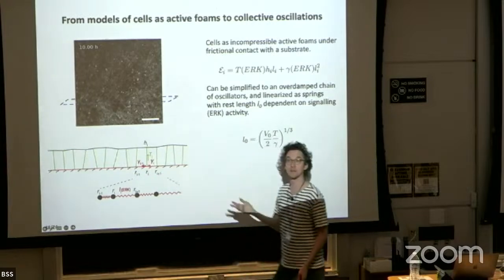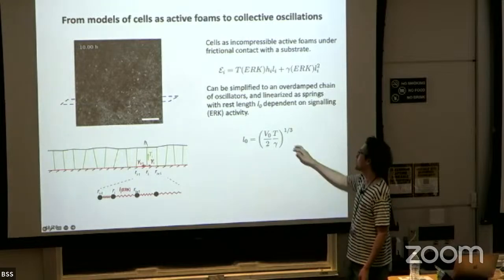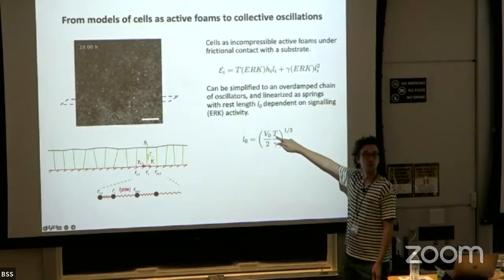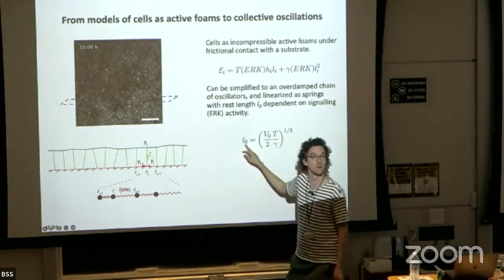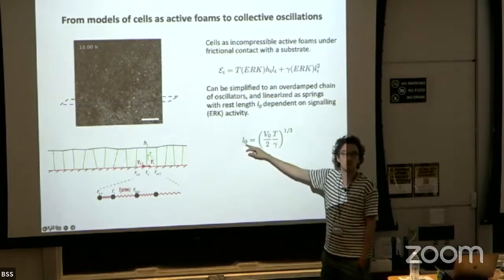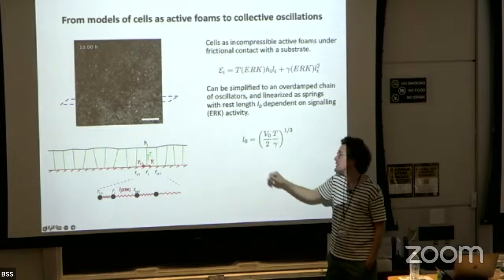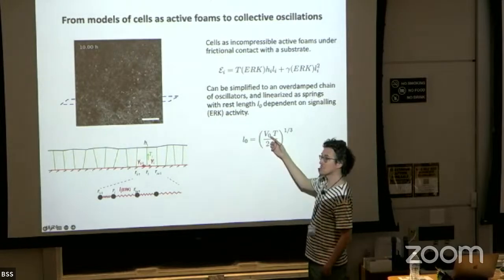Because these two tensions can be modified by ERK, there's no reason that ERK changes the two in the same way. So we're going to say that this rest length is dependent on ERK in some arbitrary way. Now that's the energy of one cell.